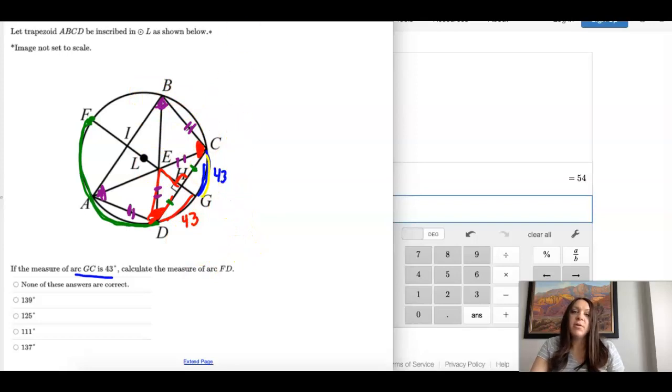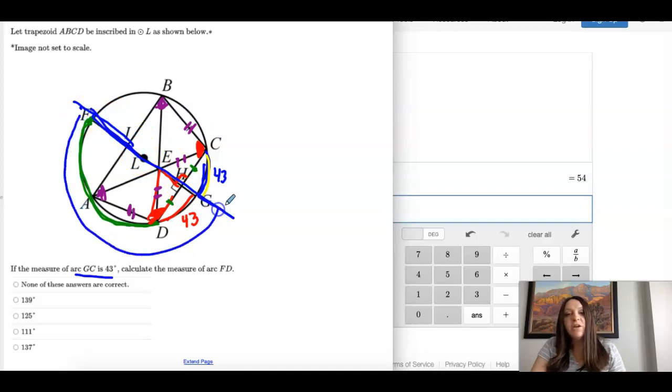Now I want you to notice that we have a diameter here. That means that this whole side of this circle, the arc length would be 180 degrees. It's half of the circle. So we want to subtract the 43 that we have, because we want this section without the 43.